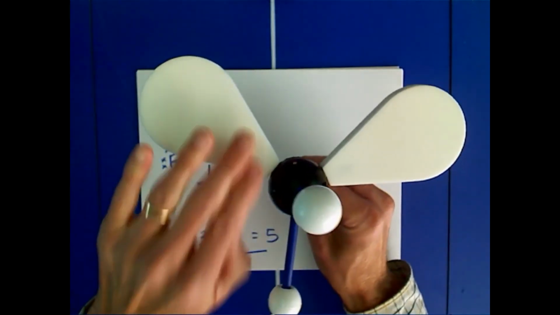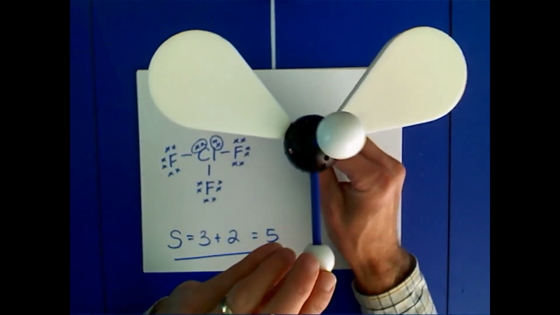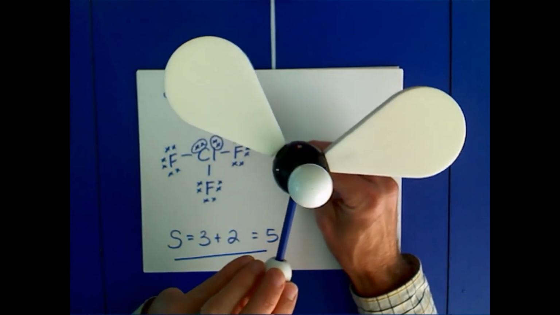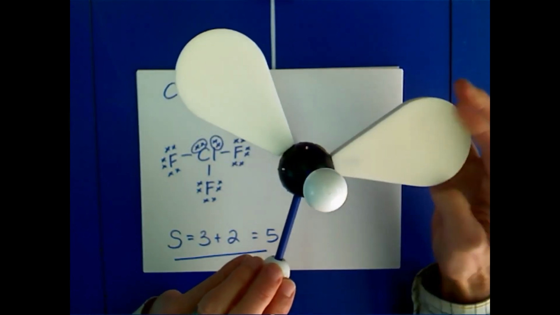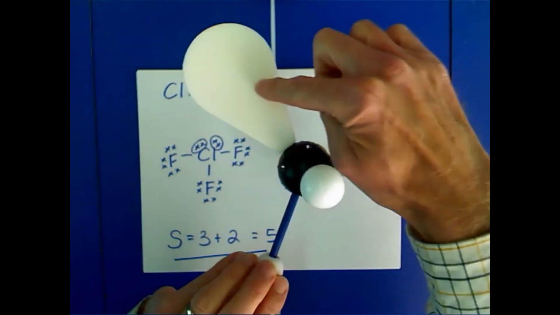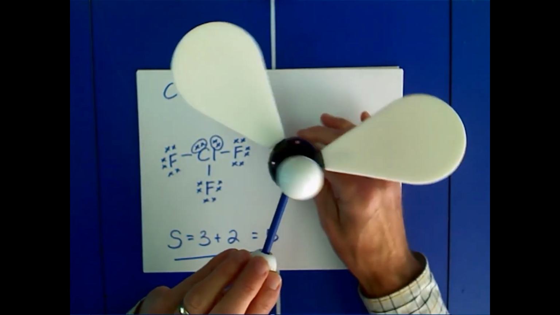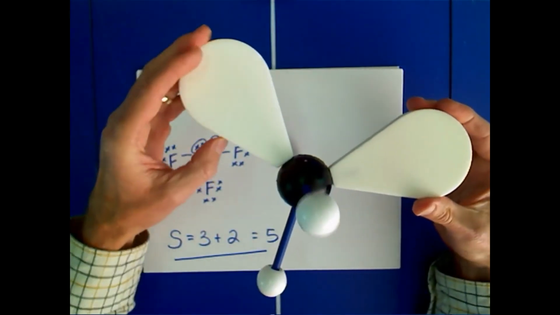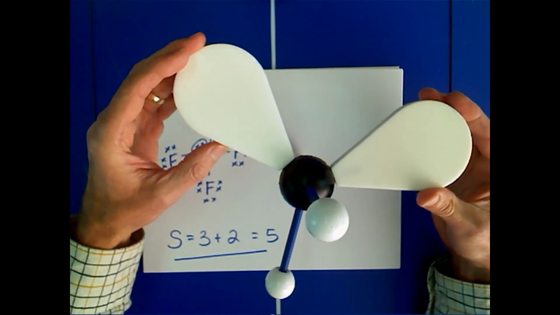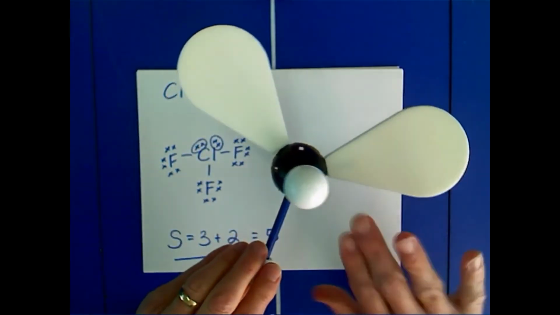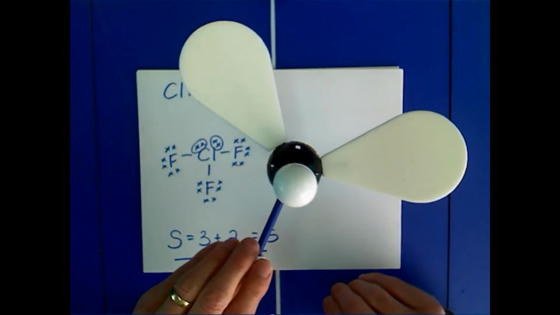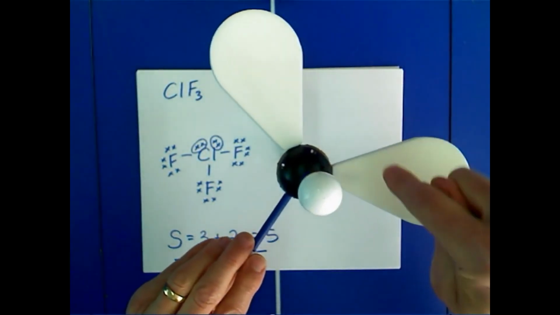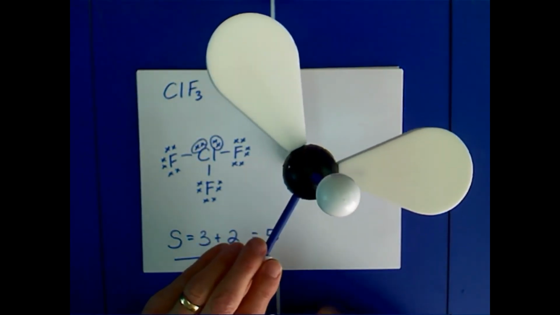And this is the way the lone pairs are going to orient themselves into a trigonal bipyramidal electronic arrangement, so that we can get these lone pairs as far away from everything else as possible, because remember, these are going to show more repulsion than the bond pairs. So we want to get these as far away as we can from everything else, and by placing them in the equatorial position, we're able to do that.